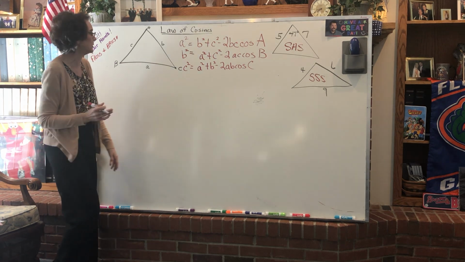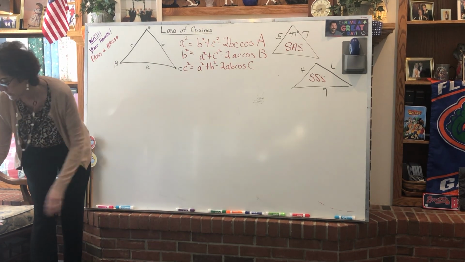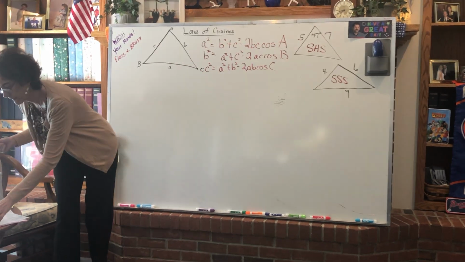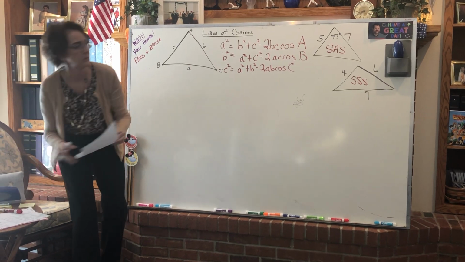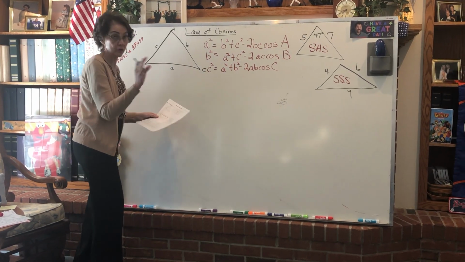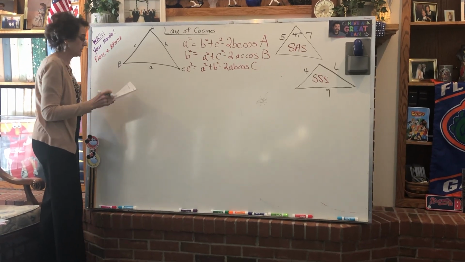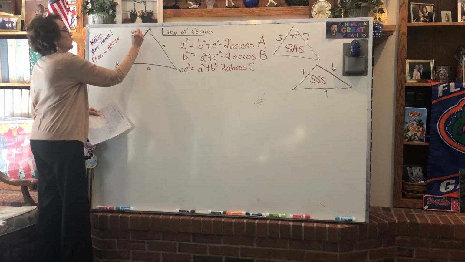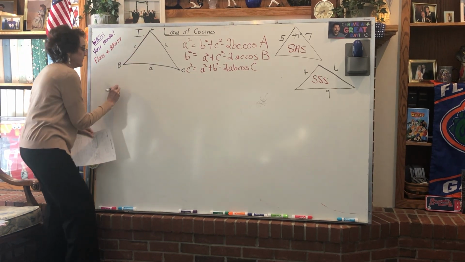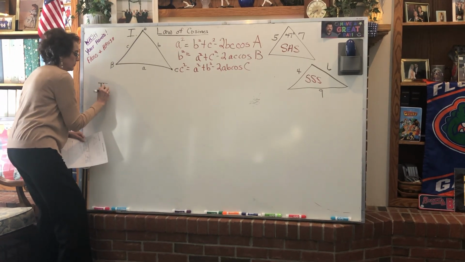So let's do an example. All right, here we go. For this first one we're going to do number 2. If you printed the blank notes, this was Roman numeral number 1, and this is going to be Roman numeral number 2.